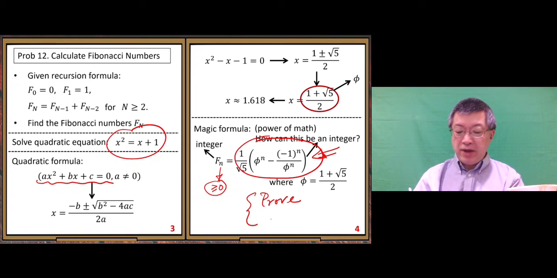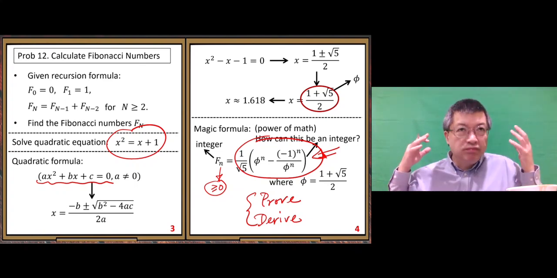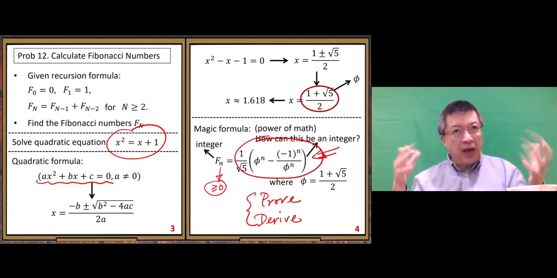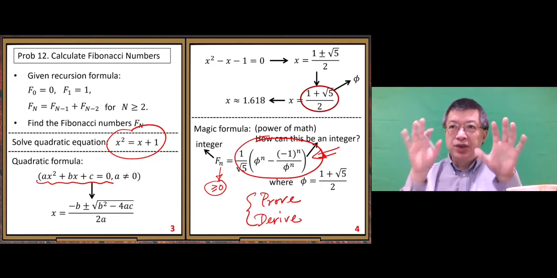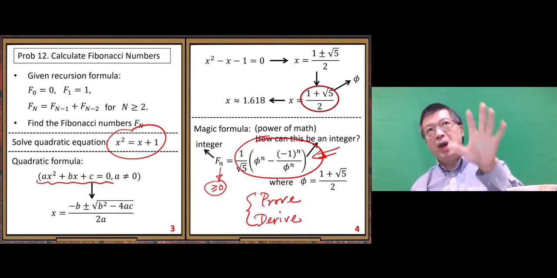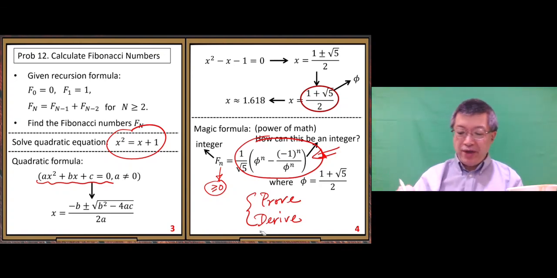So our second method is we derive it. When we derive, we assume we have no information about this formula. We just find a special method to calculate the solution of the Fibonacci number. So we will use the remaining 3 videos to do these 2 methods.